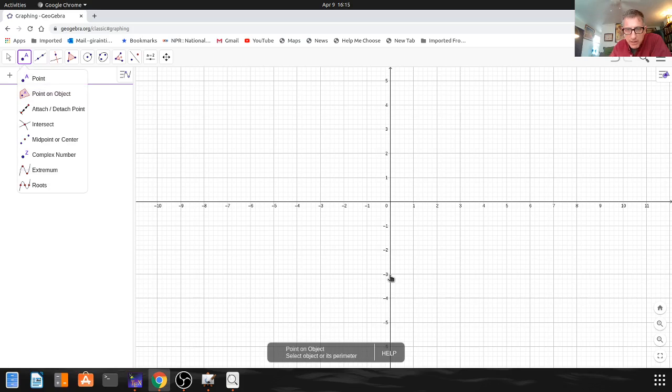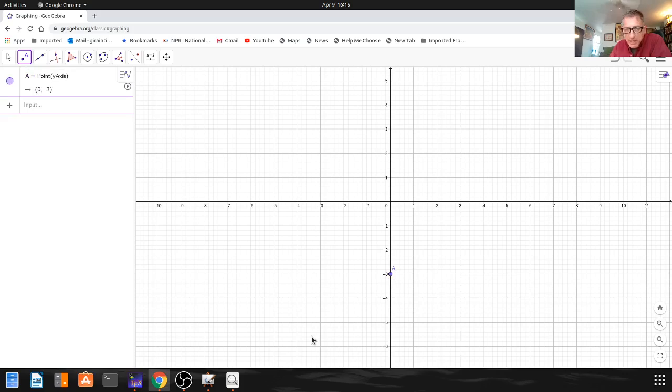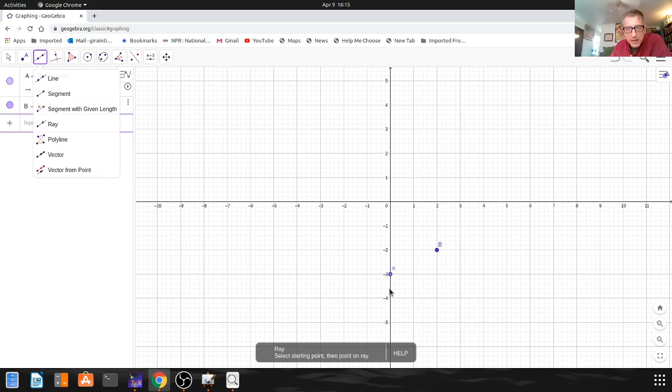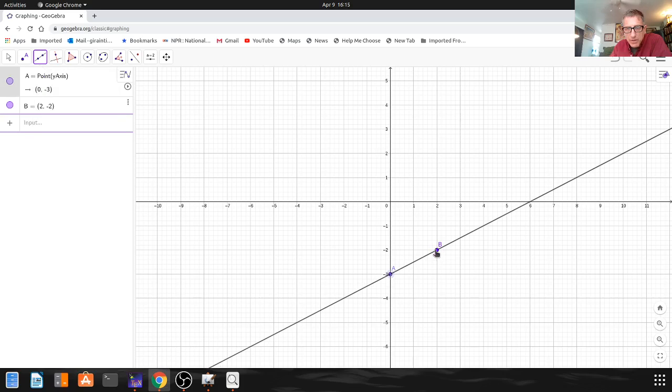It's 0 and -3. And by using my adder point, I found another point was 2 and -2. And from that, I'm good to go and I can draw my line. So that's using the adder point method.